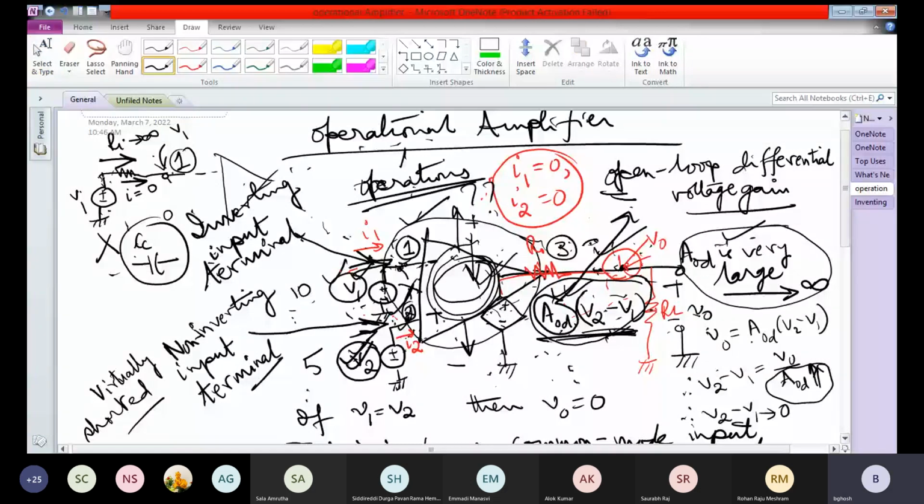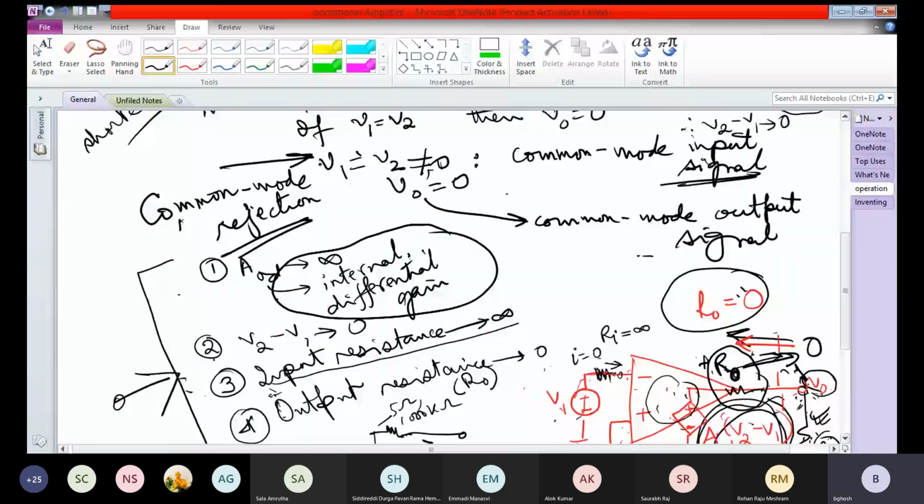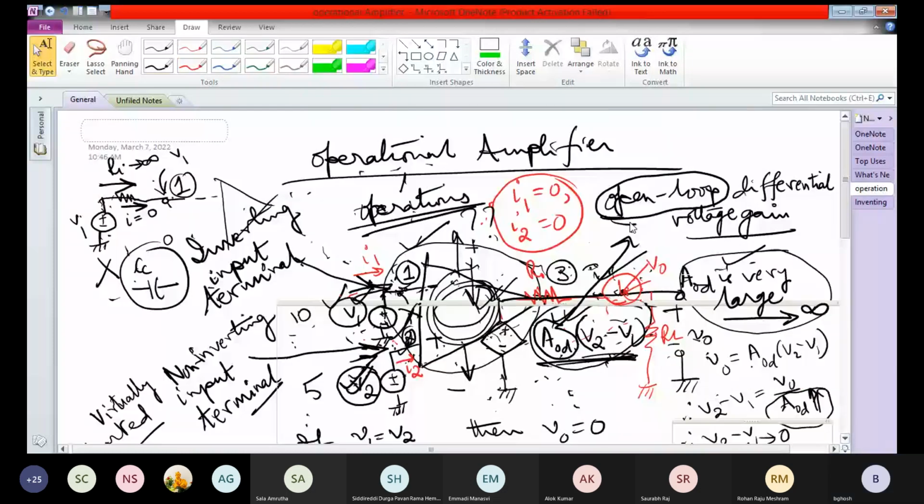We also said that AOD is the internal differential voltage gain, because it is inherent to the operational amplifier. It depends on what is inside the operational amplifier, and it is infinity, very, very large. So this is the open loop or internal differential voltage gain, open loop because the output is not connected to the input.